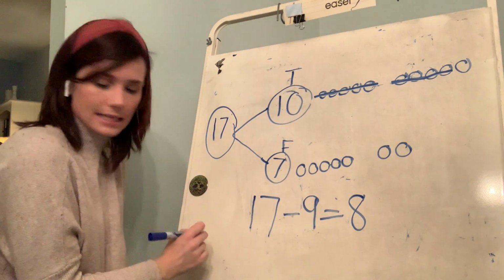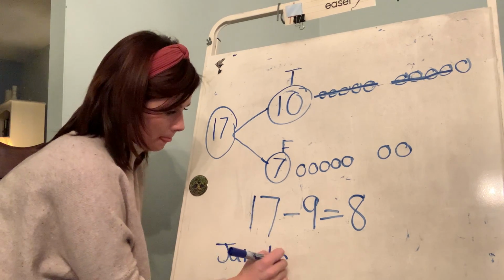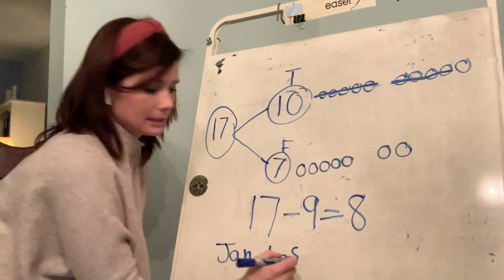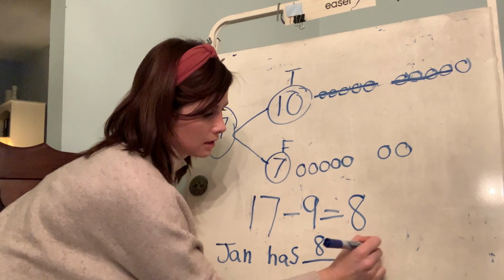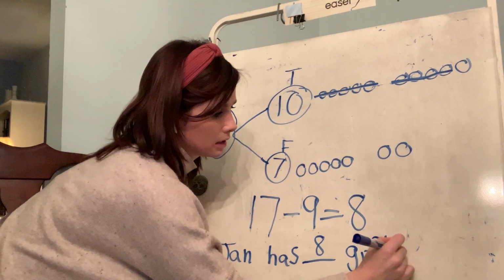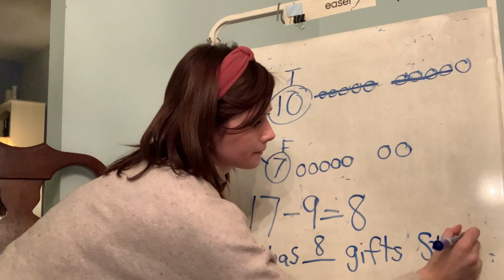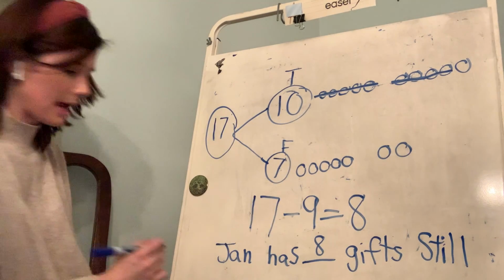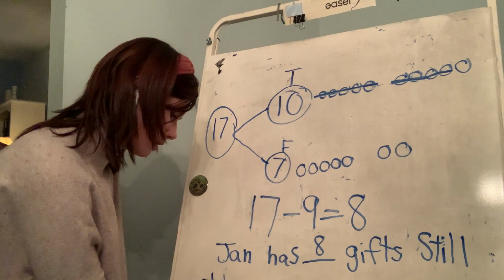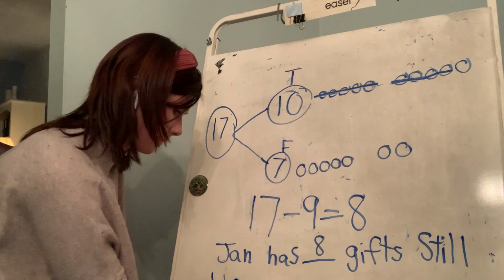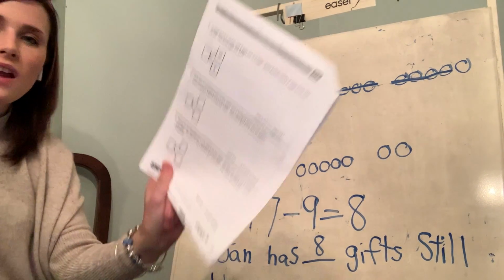So you will write Jan has 8 gifts still wrapped. And this is number 5.